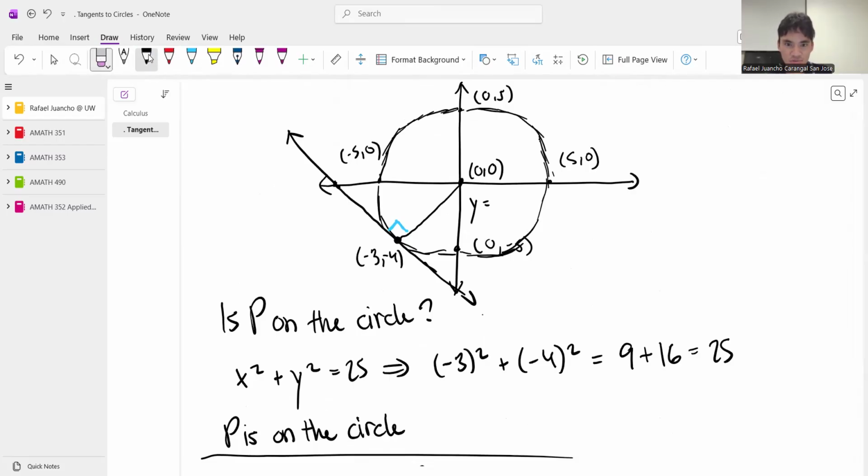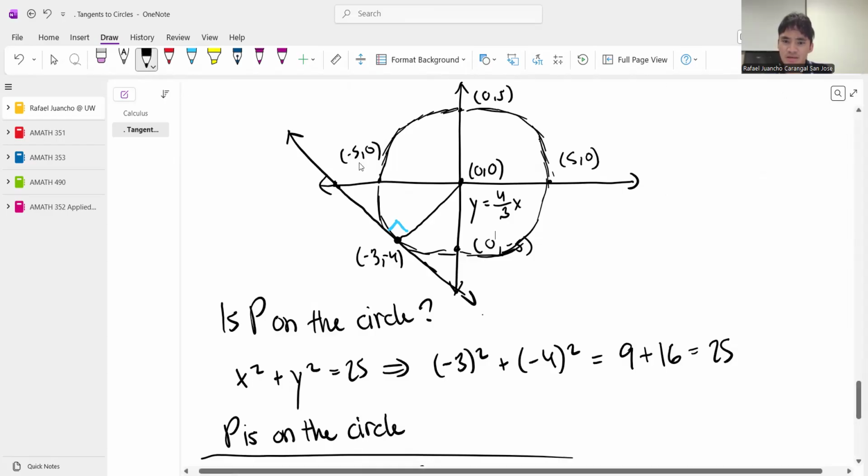So that equation will then be, we can actually find the slope of this, which is just going to be 4 over 3 x. And that's the equation.